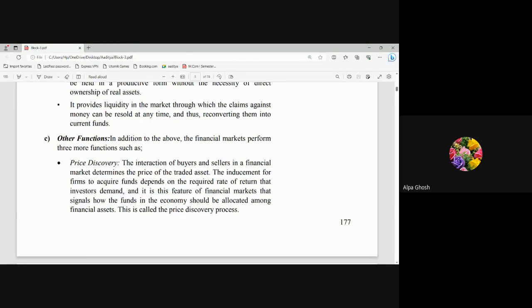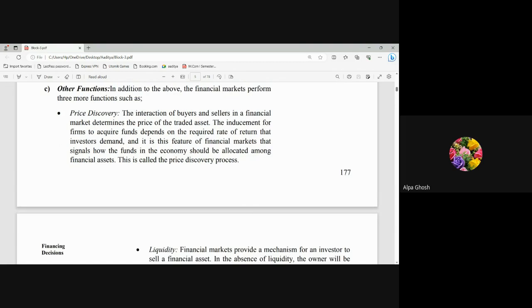Price discovery means the interaction of buyers and sellers in a financial market. When financial products are exchanged in large numbers by buyers and sellers, the price is determined on the basis of demand and supply of financial products in the market.